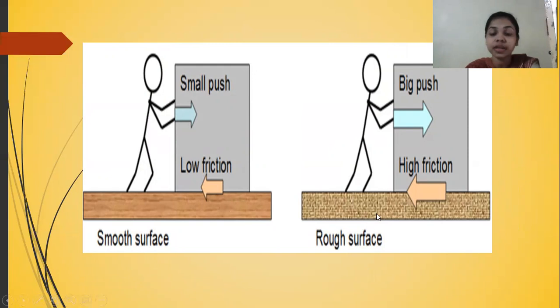But if there is a rough surface, then you require a big push, means you require more force, and the friction is also more here. So one factor is the nature of the surface. If the nature of the surface is smooth, means there is low friction. If the nature of the surface is rough, then there is high friction or more friction. Okay, so this is one factor.